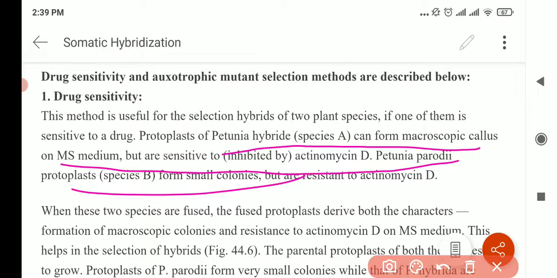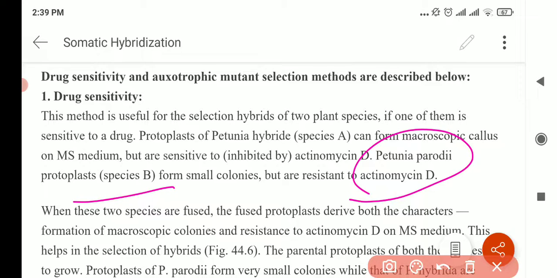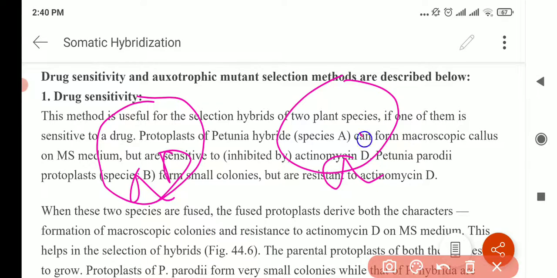Petunia A can form callus on the medium, but it cannot grow if there is the antibiotic actinomycin D. But petunia B can live if there is this antibiotic. In simple terms, this is one petri plate and this is another, and we add the antibiotic actinomycin D to both.